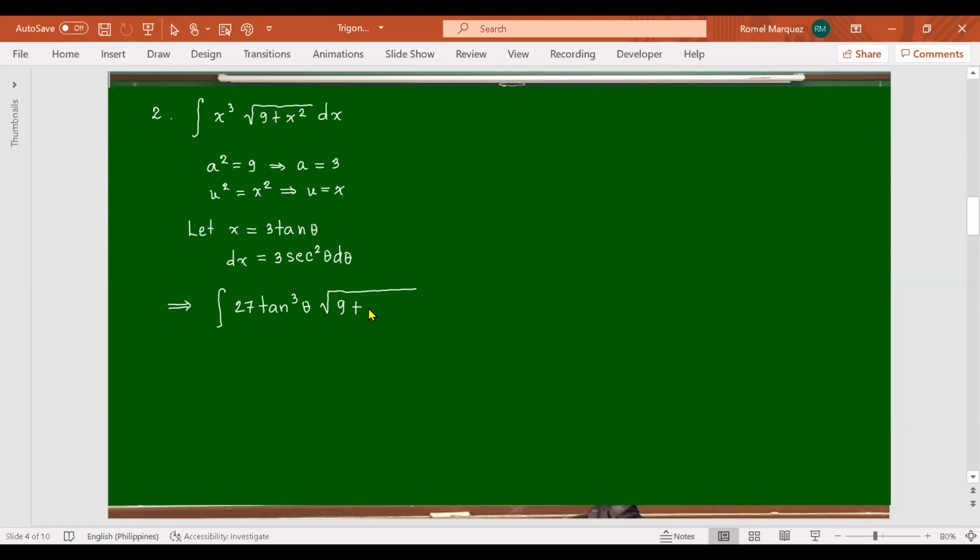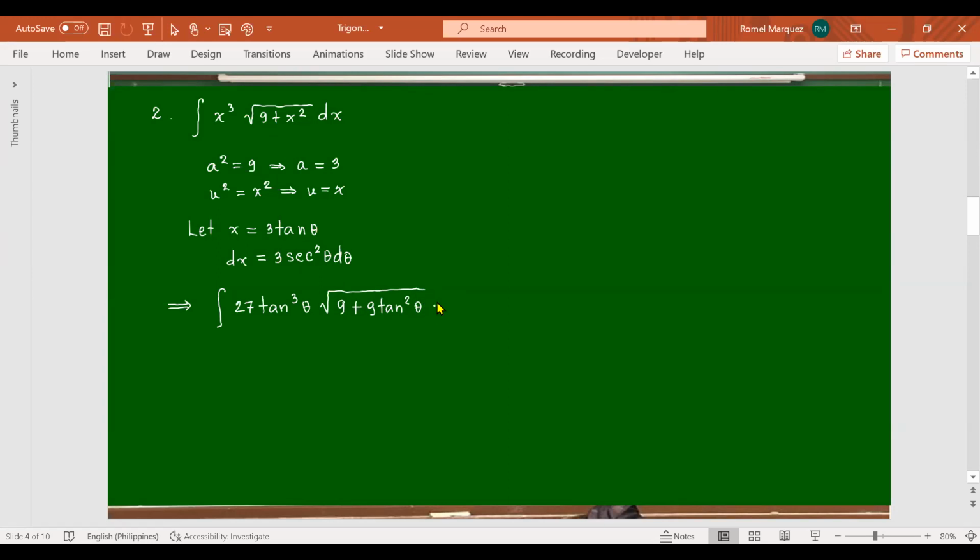So that is 9 plus 9 tangent squared theta.